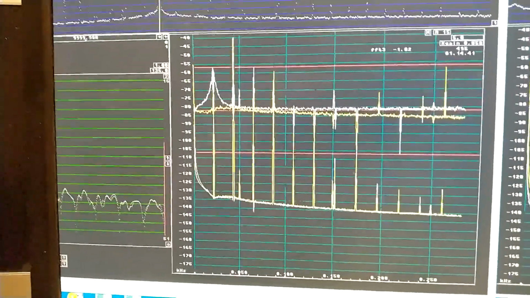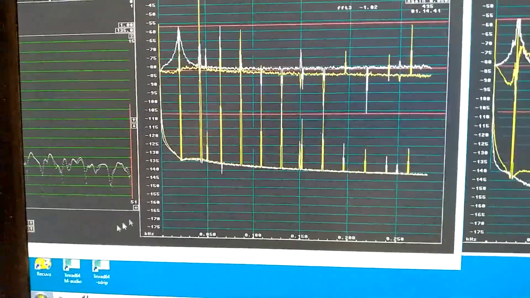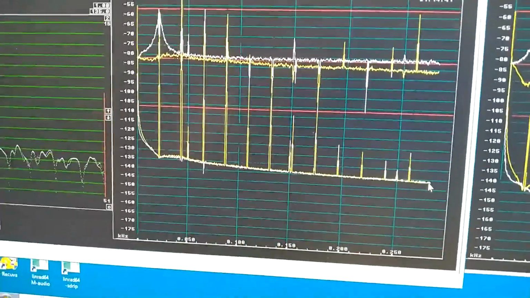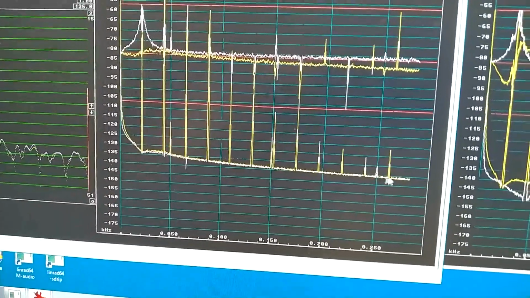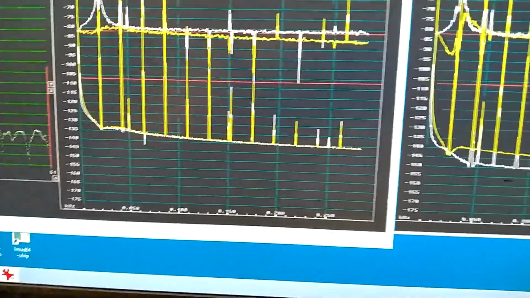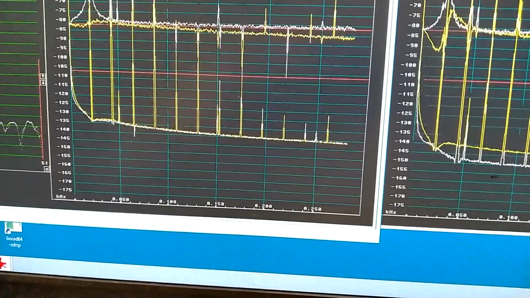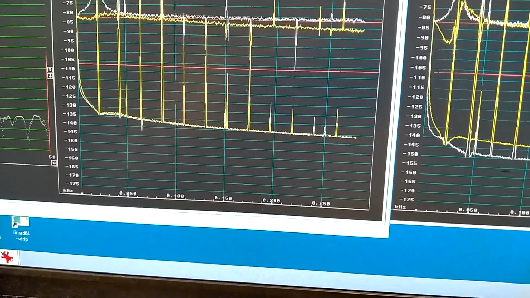Before I removed the capacitor, this is the result. And you can see there is a big difference. Amplitude and phase were here at the arrow. That is minus 140. And minus 140 comes about here.